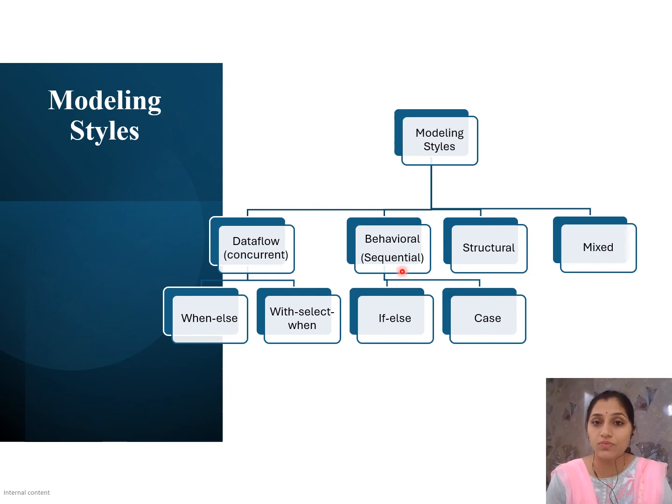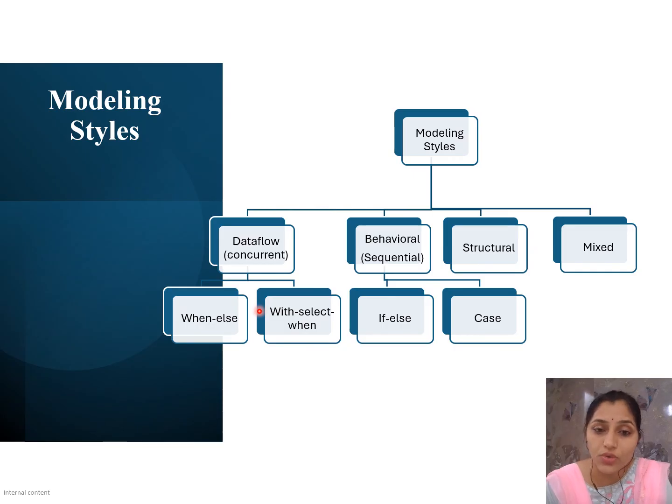So whenever we use memory or whenever a clock is present in our circuit, you need to remember that it is a sequential circuit, and to model it we use behavioral modeling style. Of course we can model sequential circuits using structural modeling also, but generally we use behavioral modeling style.